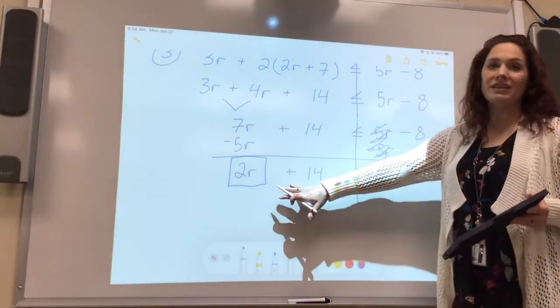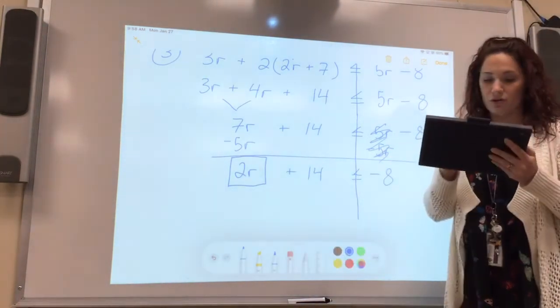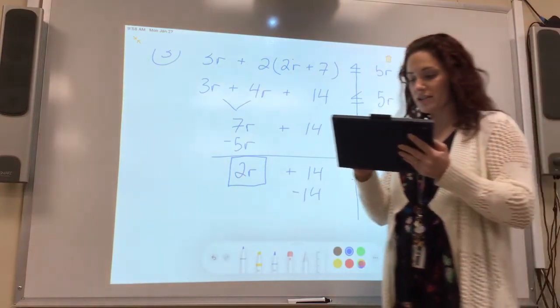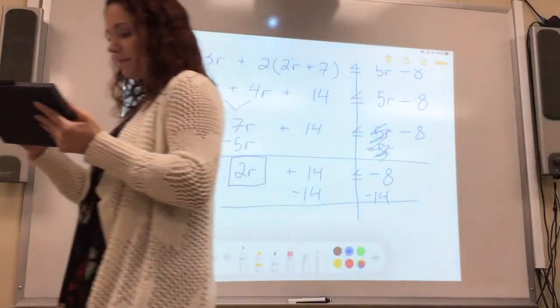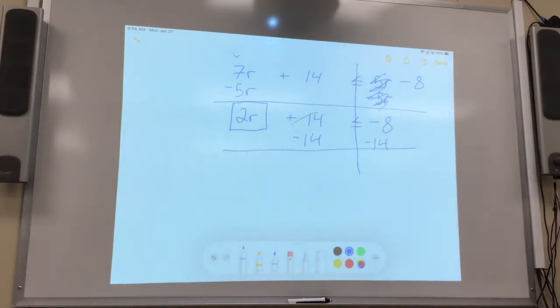So that plus 14 is the number that needs to move. So you should have subtracted 14 as your first step. That makes the 14 go away, so that 2r is by itself.